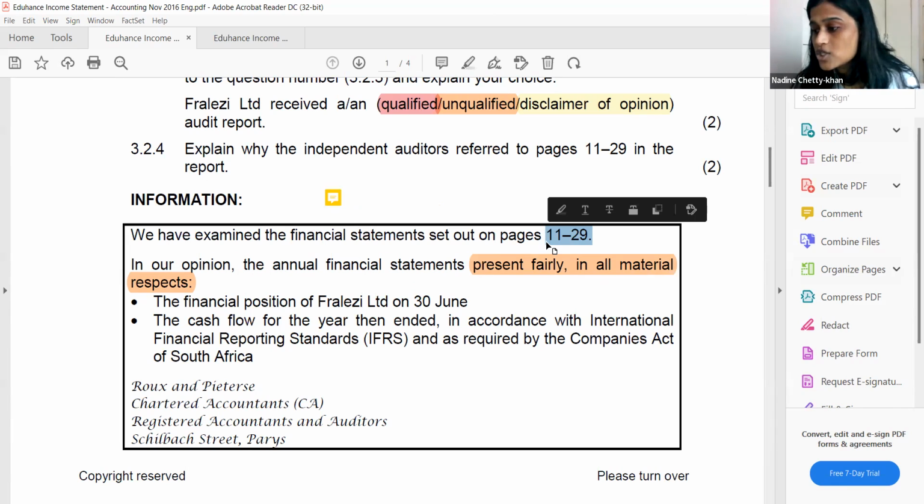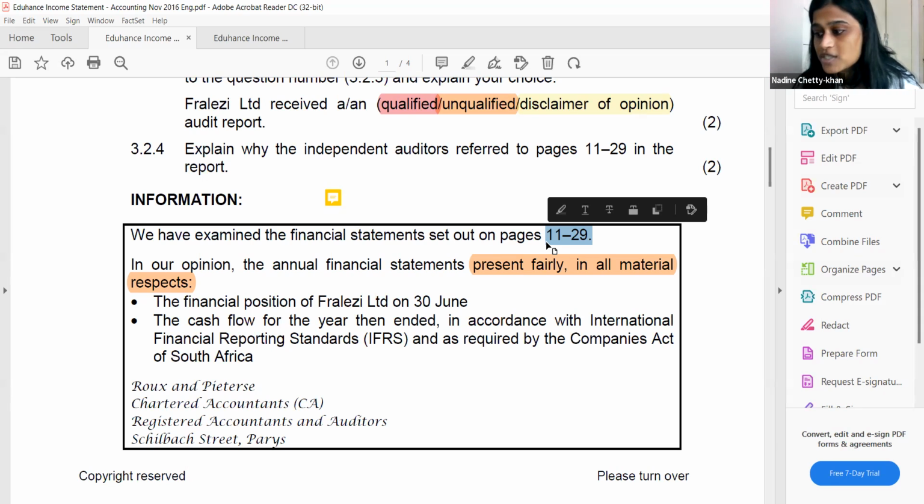Okay, so that's very important for you to know how to interpret what you can rely on more strongly than others. So if I was a shareholder, I would have more confidence in pages 11 to 29 because they have been audited, versus the other pages, because that's just information produced by management. It hasn't been looked at by an independent auditor.